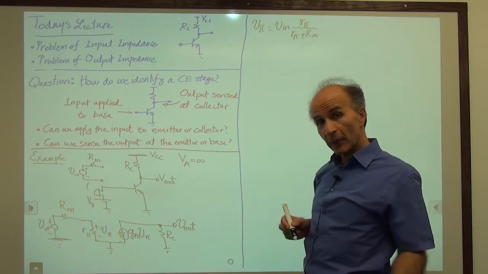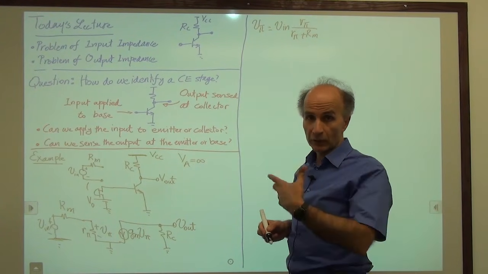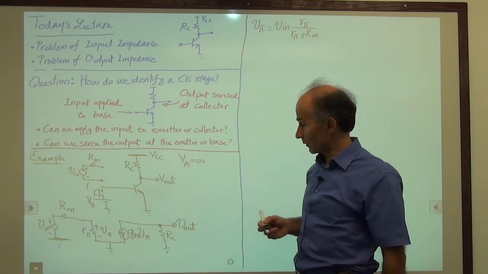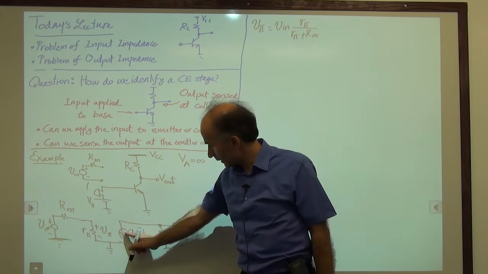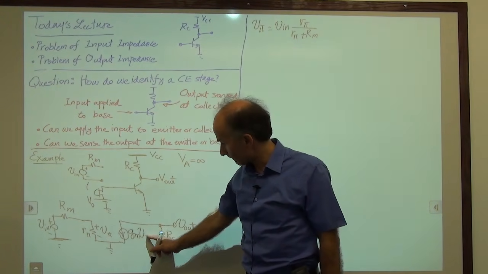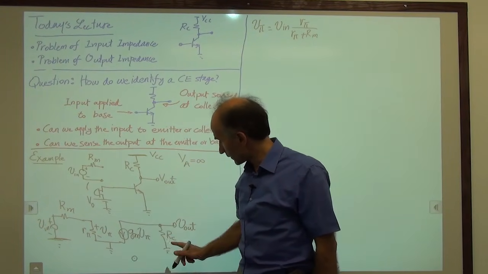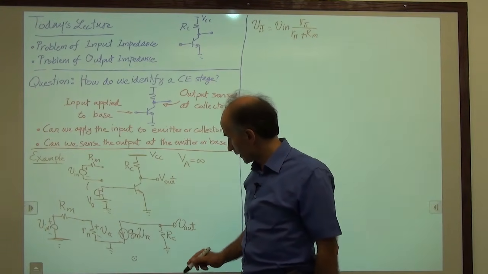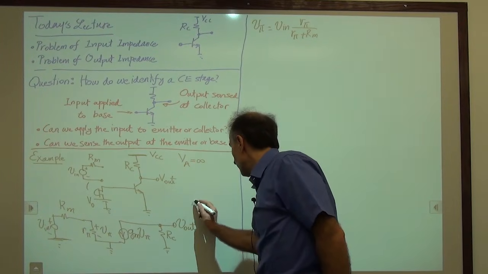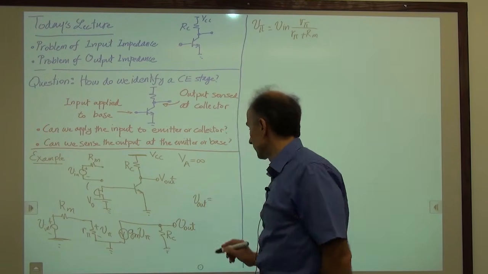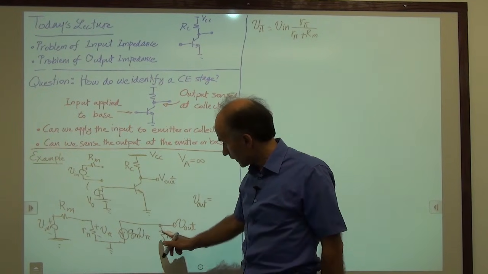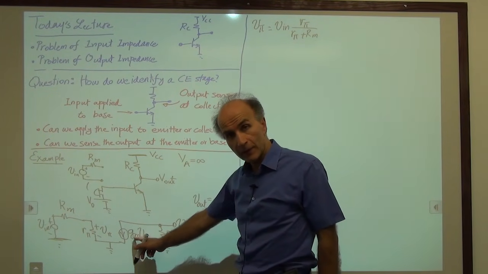Okay, so we found V pi. V pi is something we would like to eliminate from the equations, so we don't have that anymore. Okay, so then this current is equal to Gm times V pi. And this current has to flow through Rc. We know that V out is equal to this resistance times this current.